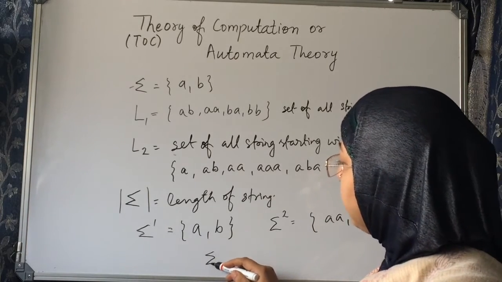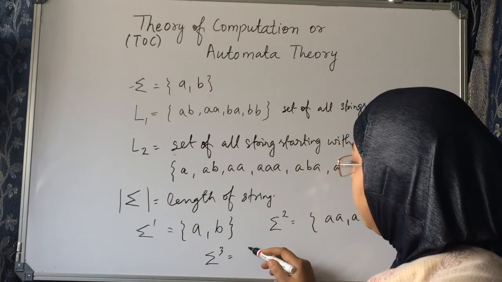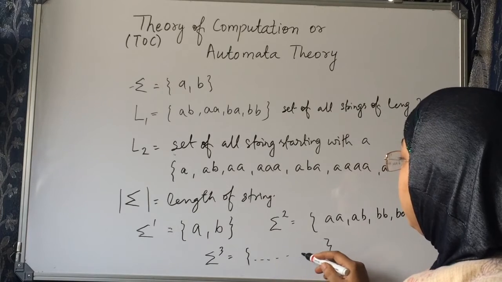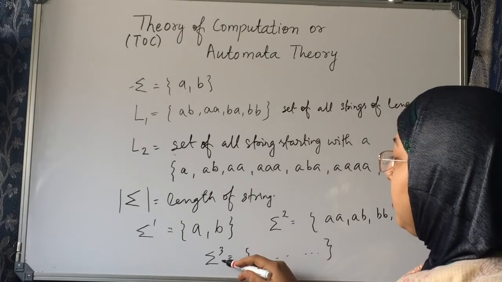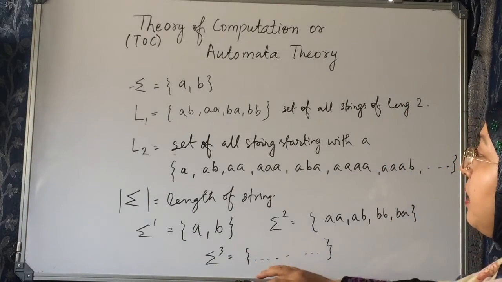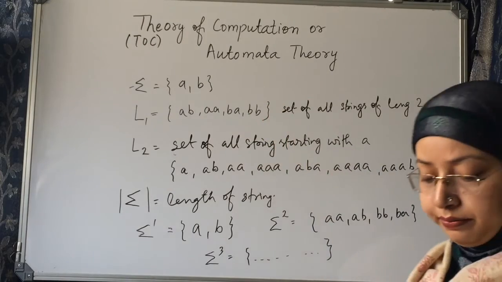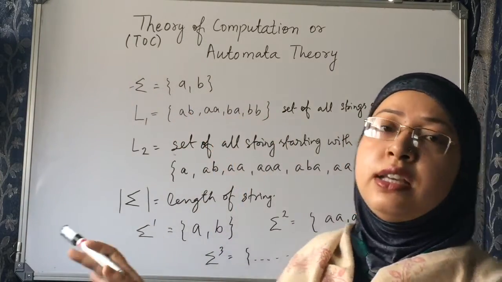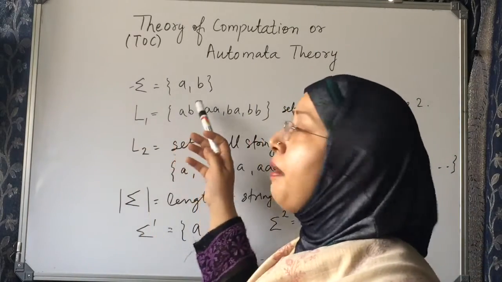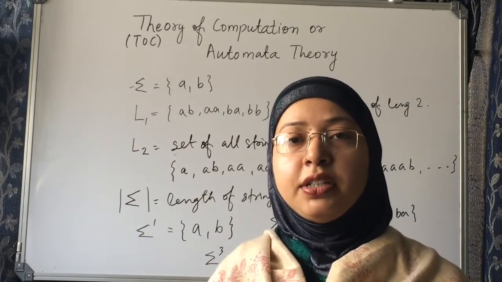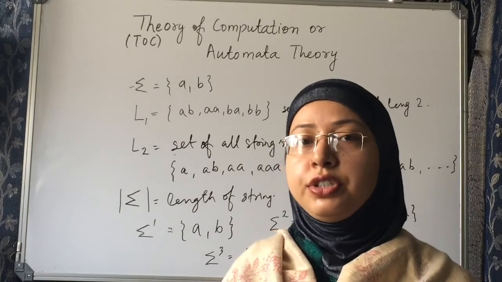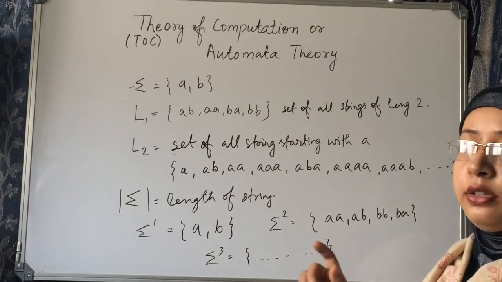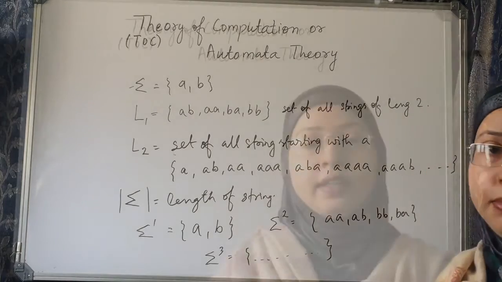And sigma 3 will denote all the strings of length 3 based on the alphabet A, B. For this example I am taking the alphabet as A, B; your alphabet symbols can be different for different questions. Make a note of it and then we'll move on.